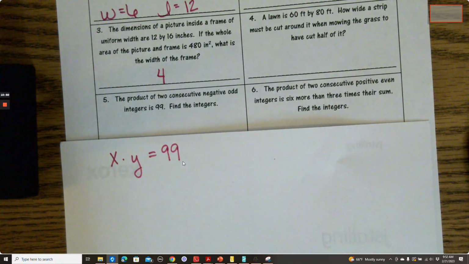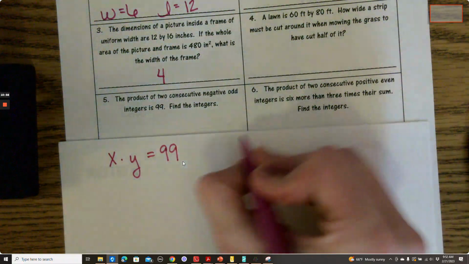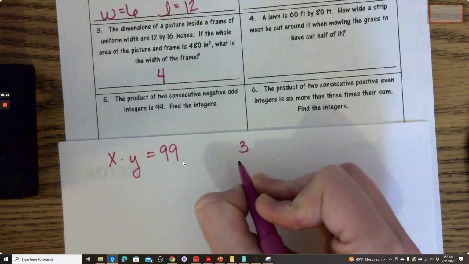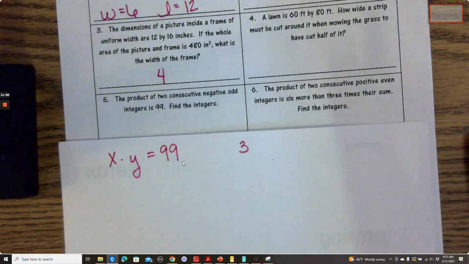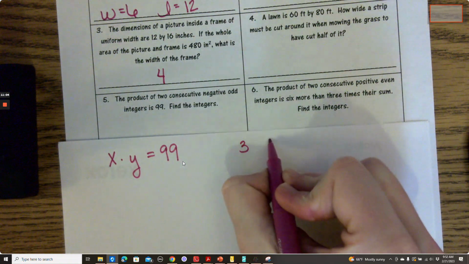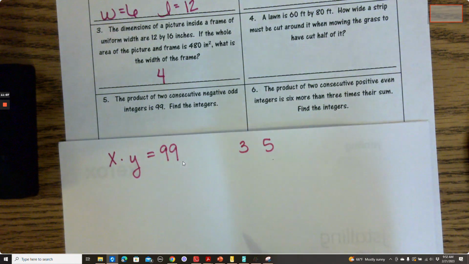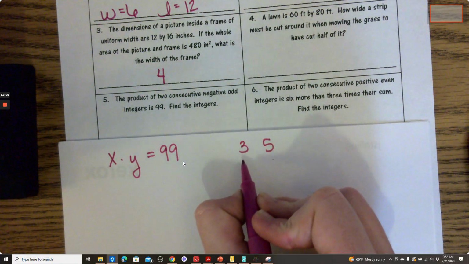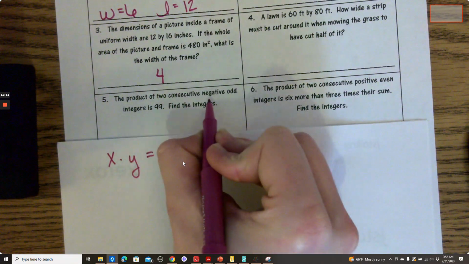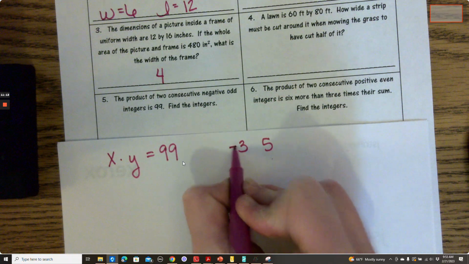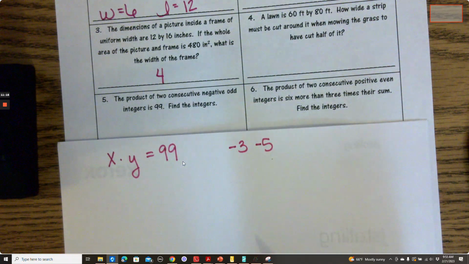negative odd integers. So first off, give me an odd number. 3. 3 is an odd number, right? So what would be the next consecutive odd number? 5, right? So if they need to be negative, then -3 and -5 are consecutive odd integers.